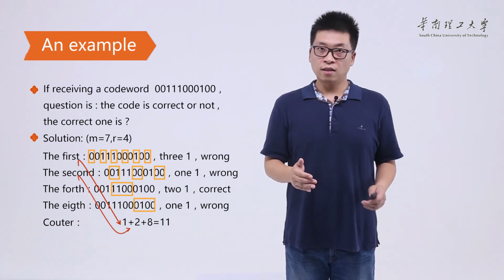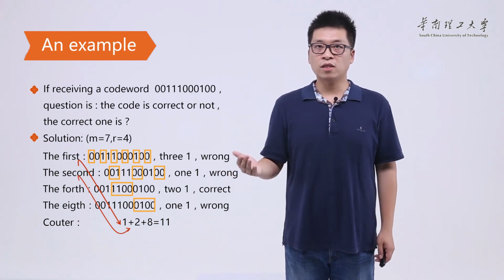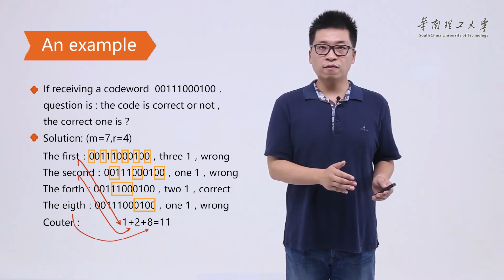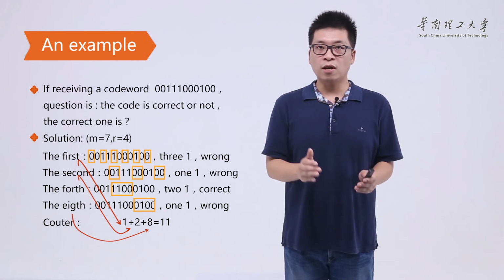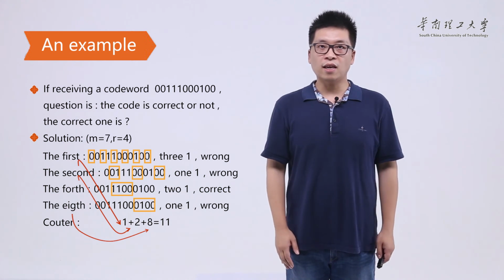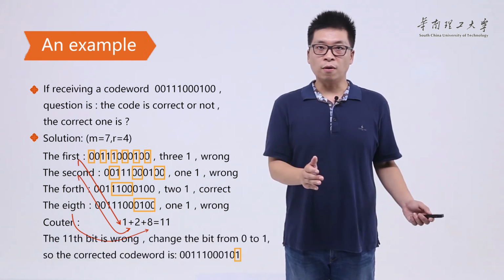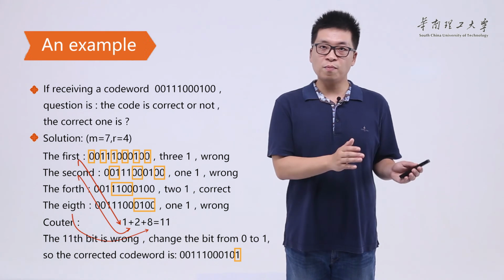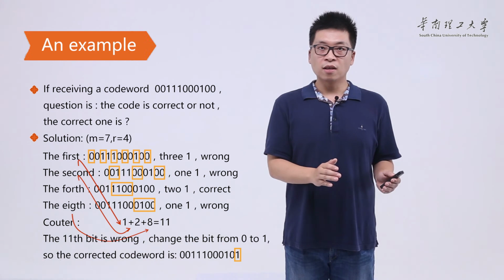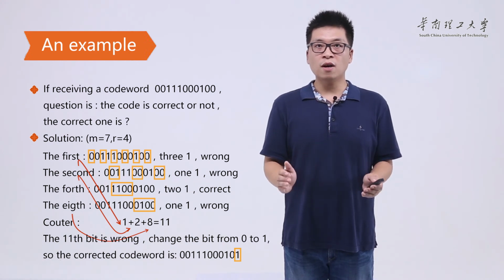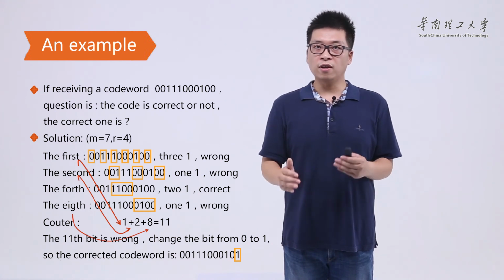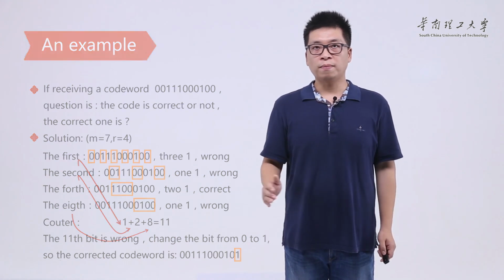The eighth is again wrong because we only see one 1 here, so we add 8 to the counter. The counter value ends up as 1 plus 2 plus 8 equals 11. So it indicates the 11th bit is wrong. We need to change that bit from 0 to 1. So the correct code word is 00111000101. We simply convert the last 0 to 1.